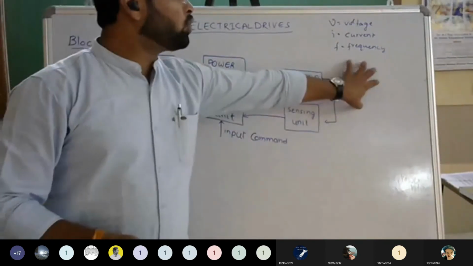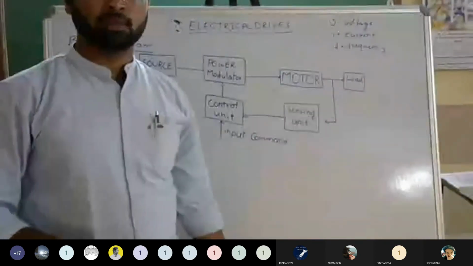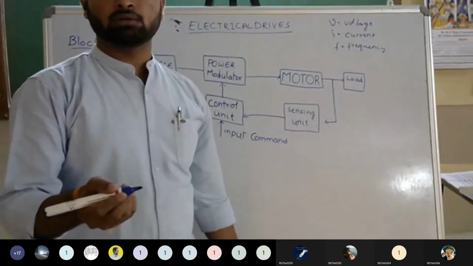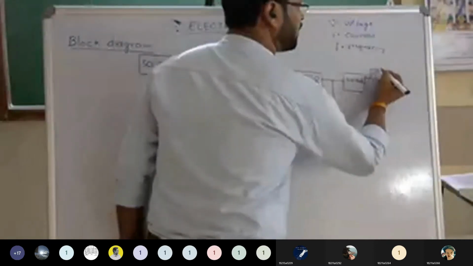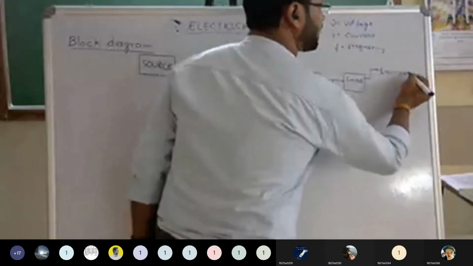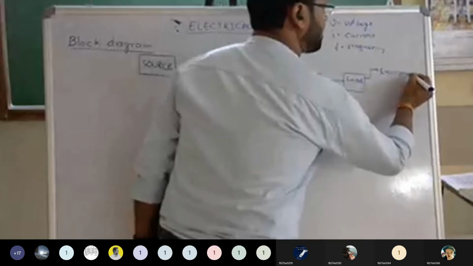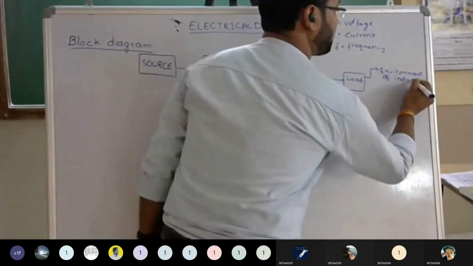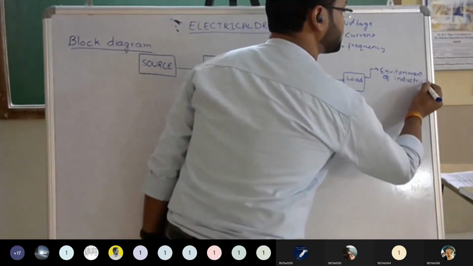So first, the load. Who will decide the load? The load is decided by the environment of the industrial process.